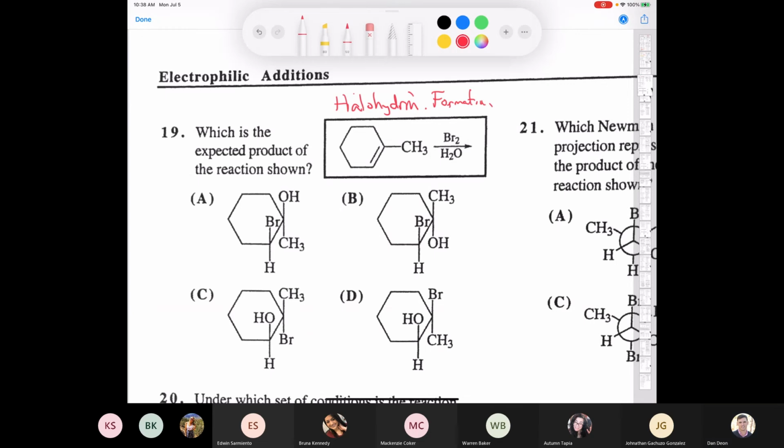All right. So if I look, it can't be C because remember, water is going to attack the more hindered carbon, right? So the hydroxyl is going to have to end up on the more substituted carbon, right? That means that C and D are impossible, okay?